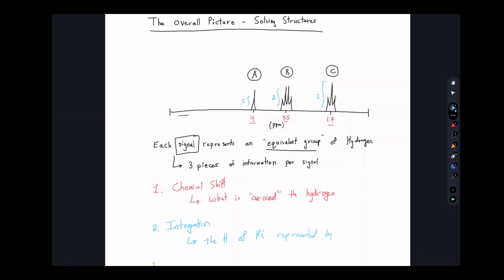As I mentioned previously, each signal represents a group of hydrogens, which could be 1 or 2 or 3 or even more. We'll discuss what makes these hydrogens group up like this in the next session. But for now, the number of hydrogens represented by a signal is given to us by that integration piece.